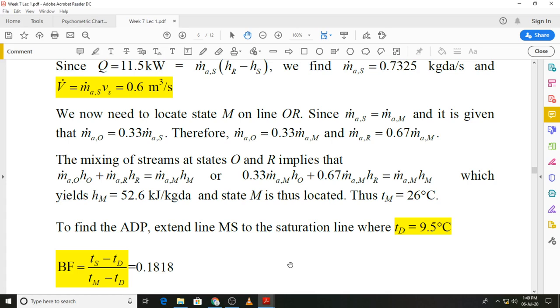We were asked to also find out the apparatus dew point, and again that can be easily done because now we have both state points m and s.